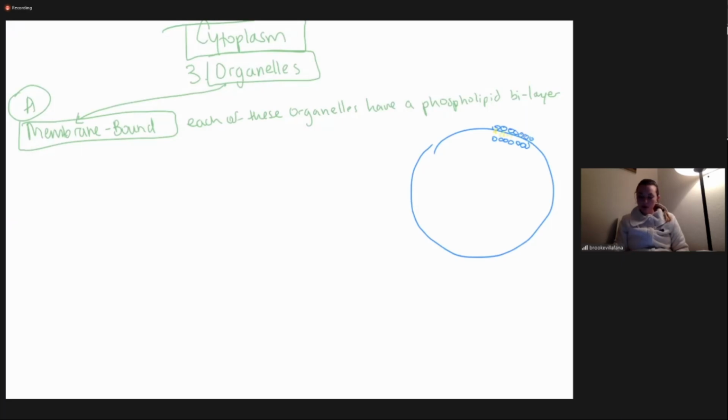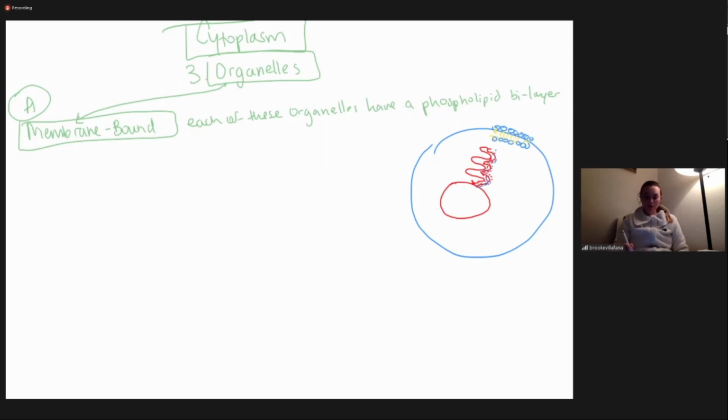Now, inside of the cytoplasm of this cell, you have other little things that have their own. So let's do an example. So maybe we have our nucleus, and then attached to the nucleus is this rough endoplasmic reticulum. Now it has its own little phospholipid bilayer on it. Does that make sense? So each of these little organelles would have its own phospholipid bilayer.